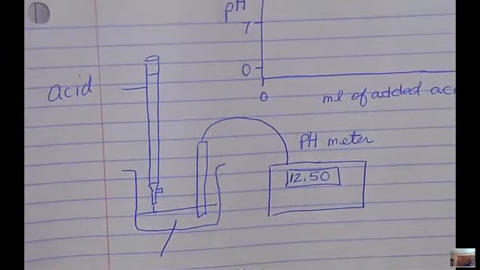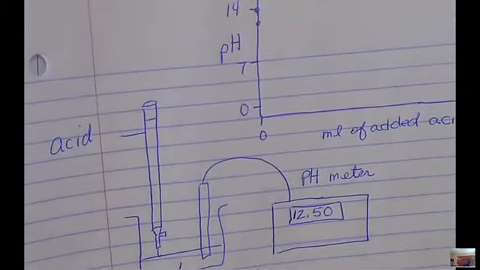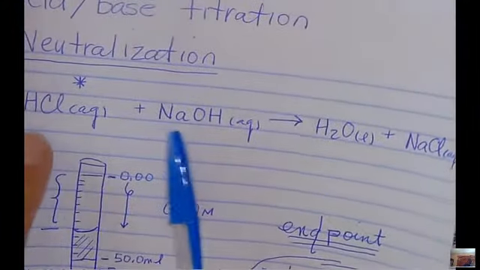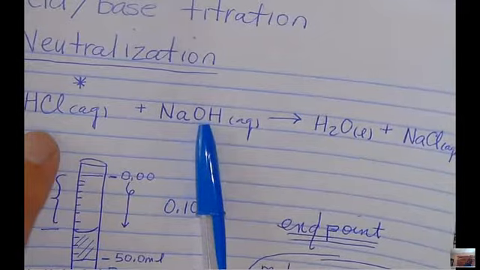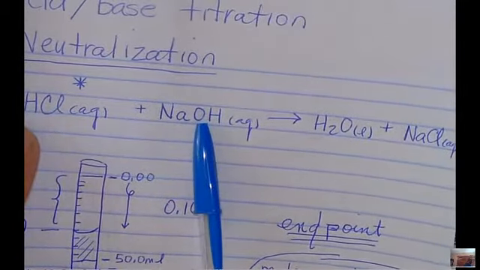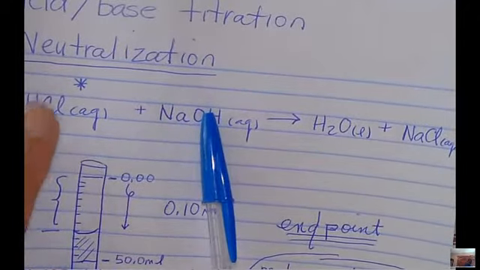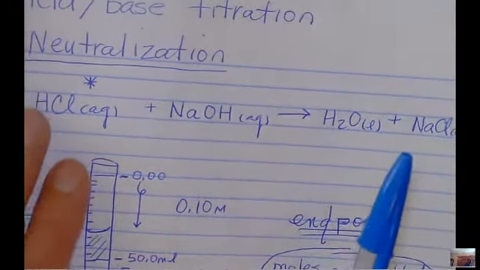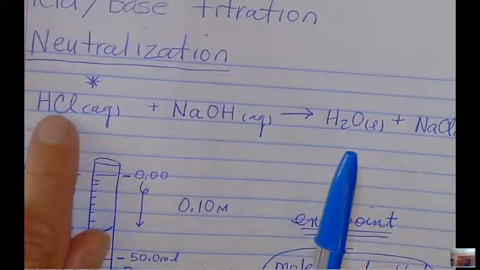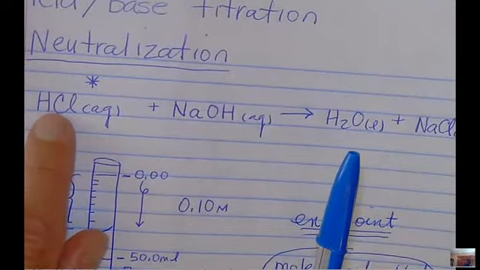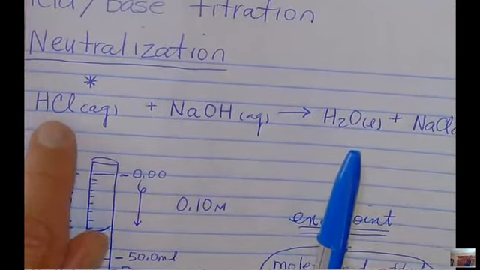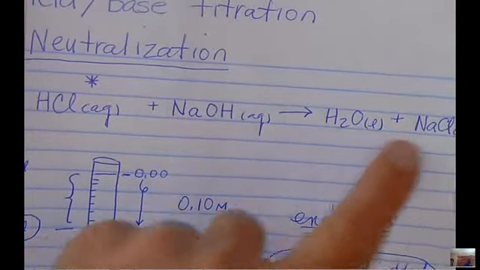Now what's going to start to happen is, go back to the reaction. As I add the acid, it's going to drop the concentration. The acid is going to react with the base, and this stuff is going to slowly go away, right? As soon as this hits, this stuff is always gone. So before I get to the end point, this is the limiting reagent. Okay, so the acid disappears. Why? Because it reacts with the base to make water and a salt.